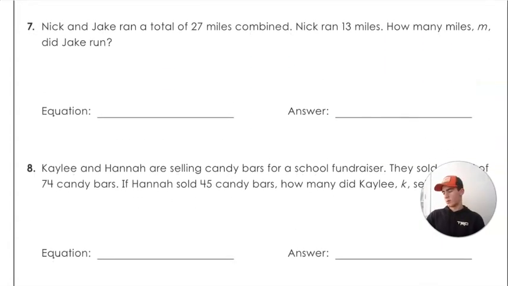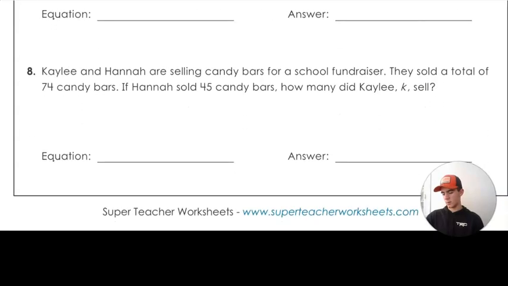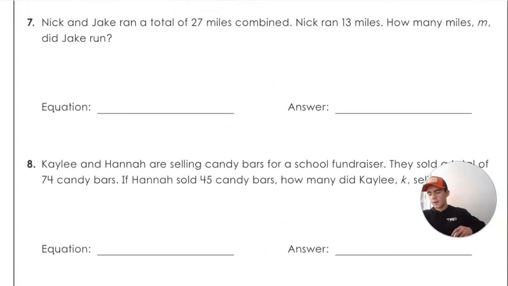Alright, number 7. We are almost done. Nick and Jake ran a total of 27 miles combined. Nick ran 13 miles. How many miles, M is a variable, did Jake run? So let's highlight it. Nick and Jake ran a total, so that's all together, that's basically our equal sign, right?